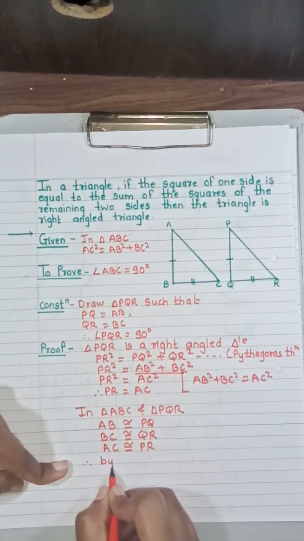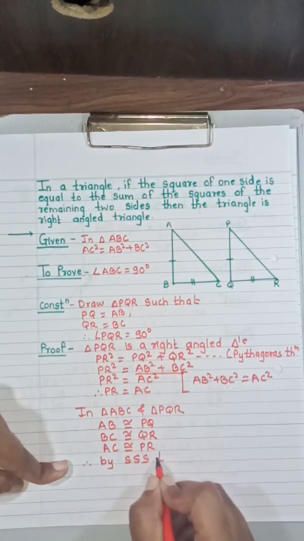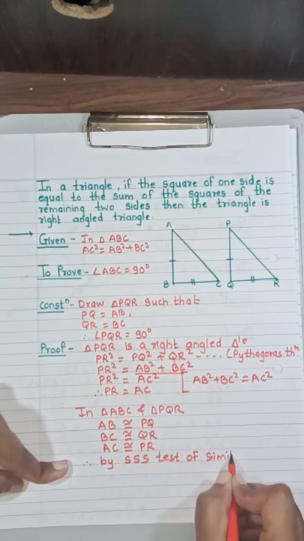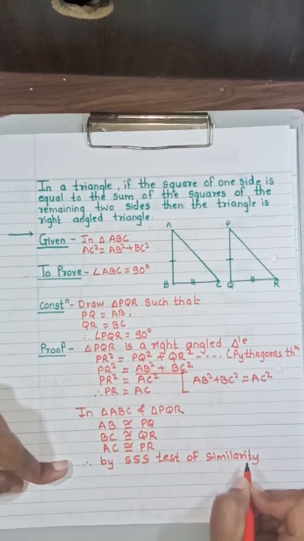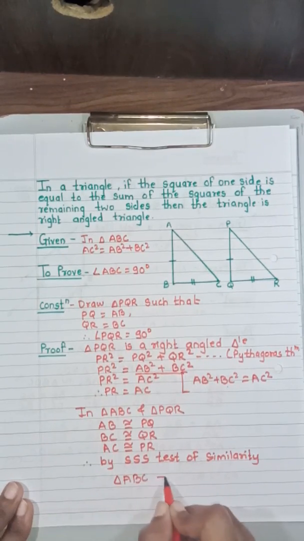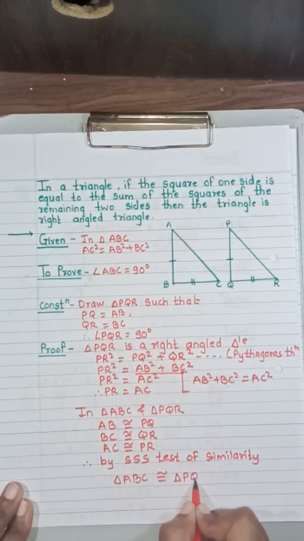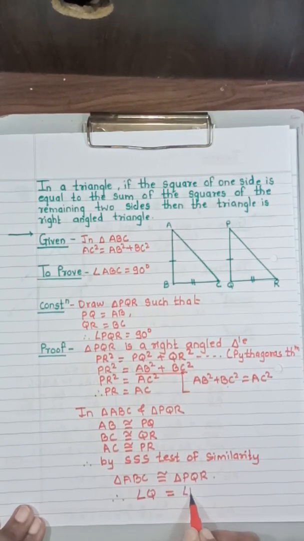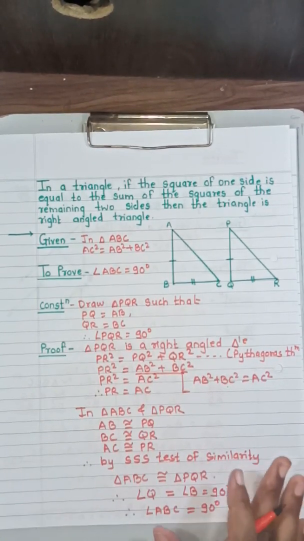Therefore, by SSS test, triangle ABC is congruent to triangle PQR. Therefore, angle Q is equal to angle B is equal to 90 degrees. Therefore, you can write down that angle ABC is equal to 90 degrees.